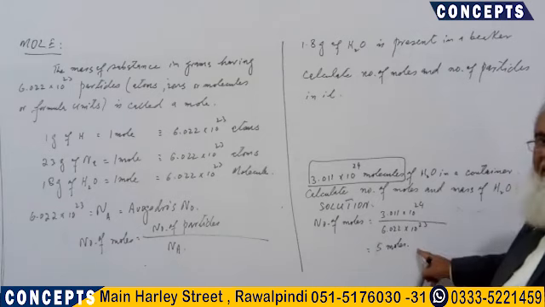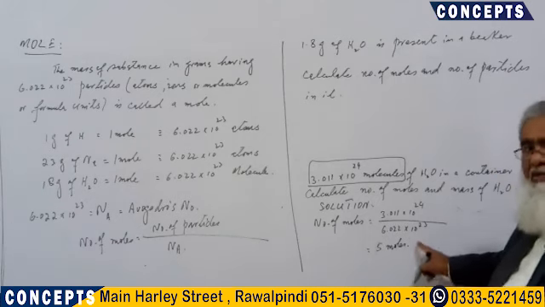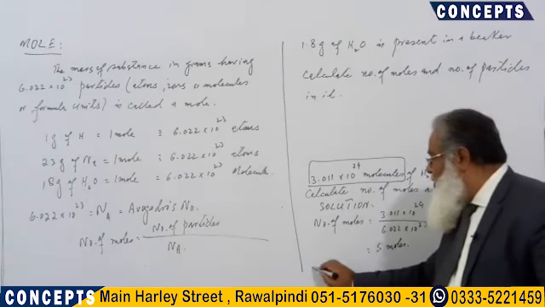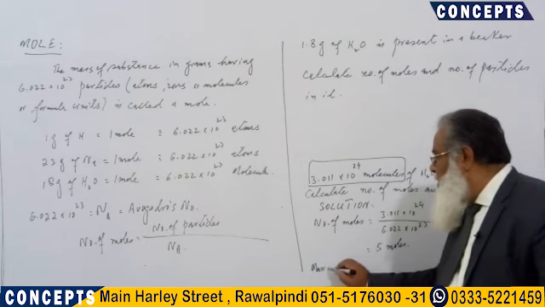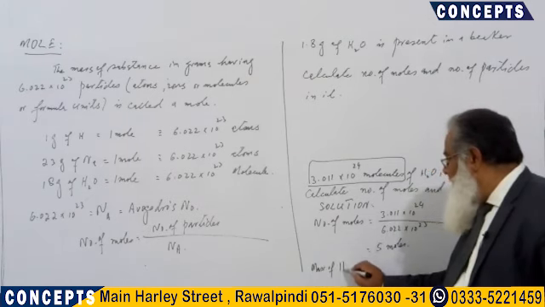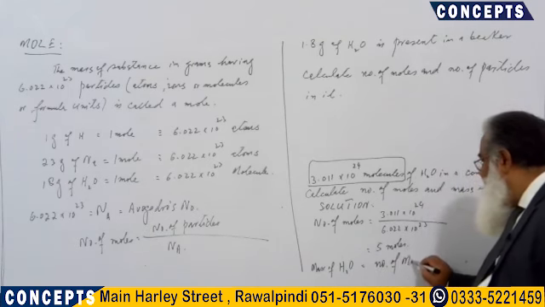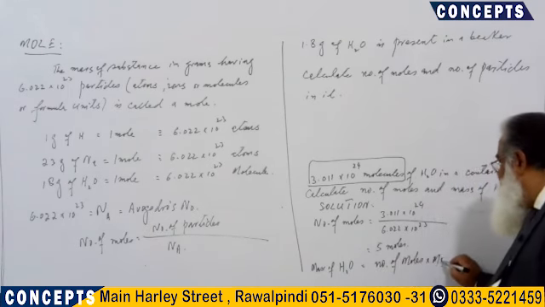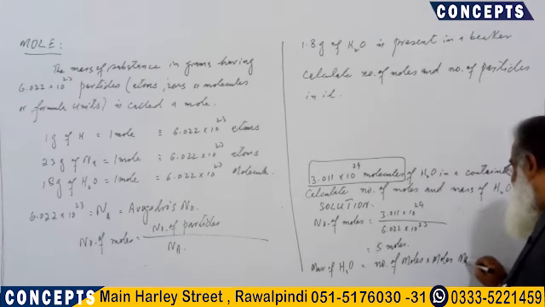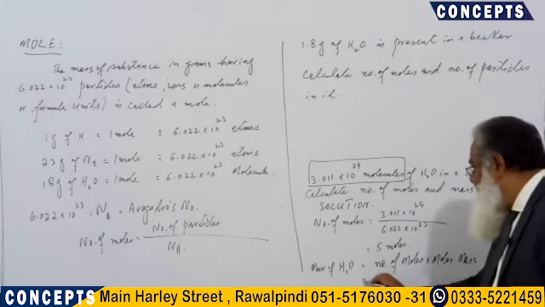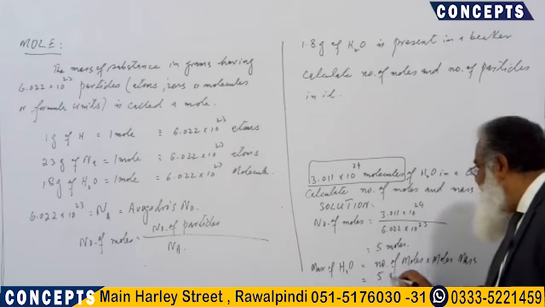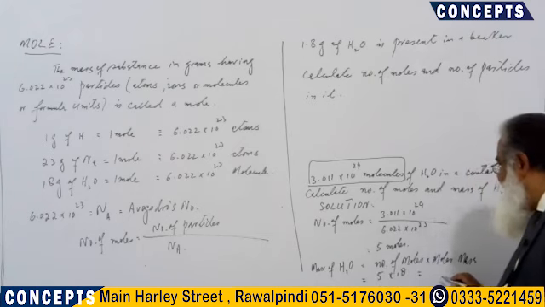Now in order to find mass from the moles, we have to rearrange the formula. We know that mass of water is equal to number of moles into molar mass. Number of moles are 5, molar mass is 18.